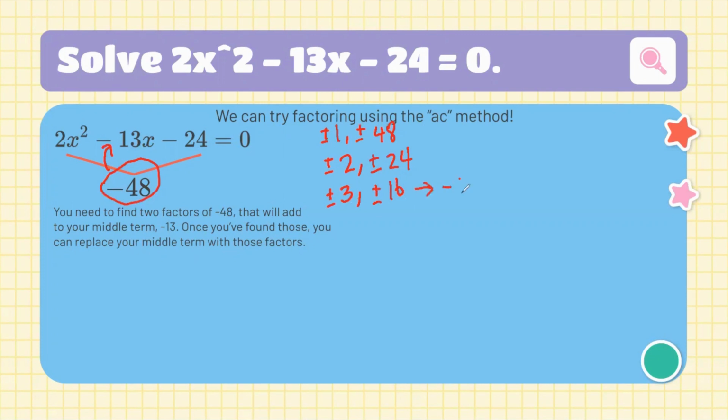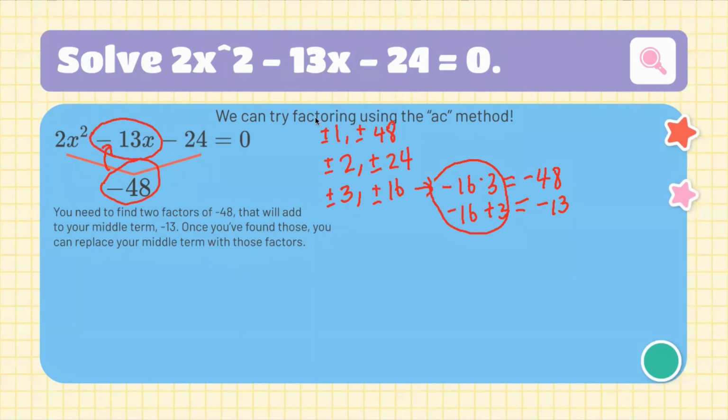If you multiply -16 by +3, that would give you -48. As for adding, if you add -16 to +3, that would give you -13. So now that you found the two factors you want to use, -16 and +3, you want to replace your middle term, negative 13x, with these factors.